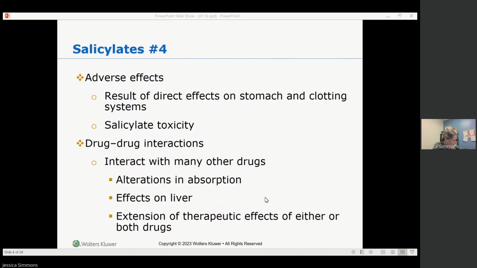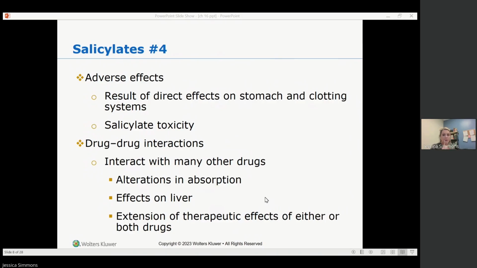On page 274, under adverse effects, it says, salicylism can occur with high levels of aspirin: dizziness, ringing in the ears, difficulty hearing, nausea, vomiting, diarrhea, mental confusion, fever.